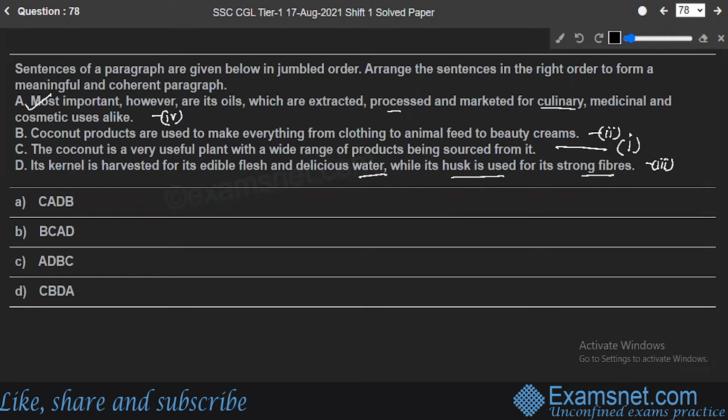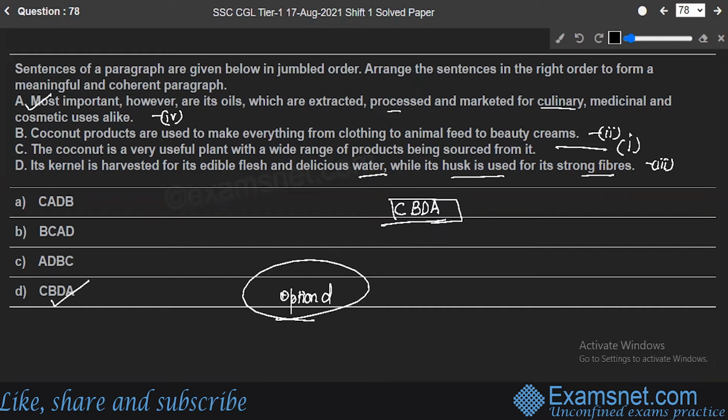So the correct sequence is C, B, D, A. The correct option is option D.